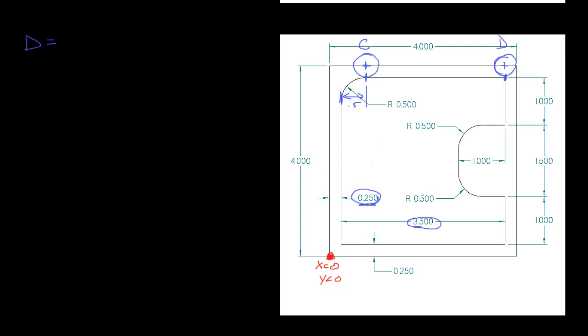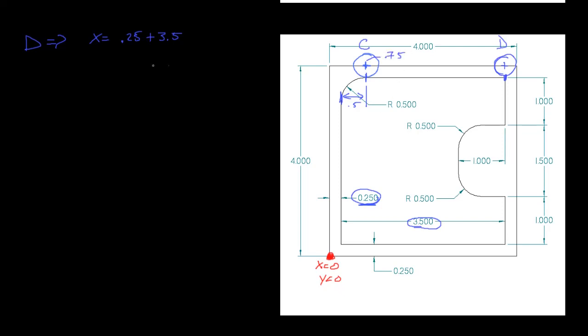Okay, so if I add up this point here, so 0.25 plus 3.5, x is equal to 0.25 plus 3.5. And then I know that the cutter has already moved, it's already at this 0.75.